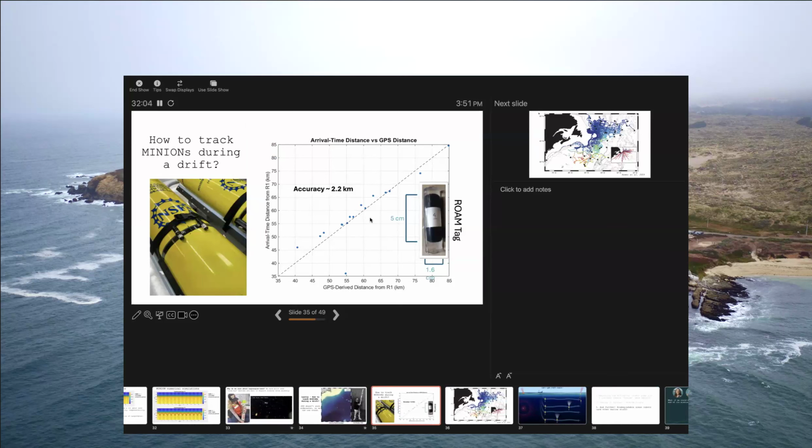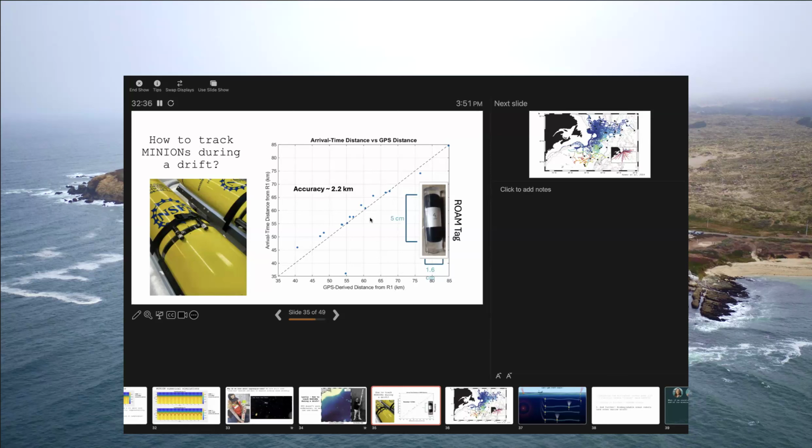So this is the arrival time from one of the sources from the ROAM tag, and this is derived from GPS on the glider, and you can see that it's pretty accurate over sort of 100-kilometer ranges to plus or minus about 2 kilometers. And this is really exciting because for those of you who are animal biologists out there, this was designed to really be used to track animals underwater as an environmental tag.